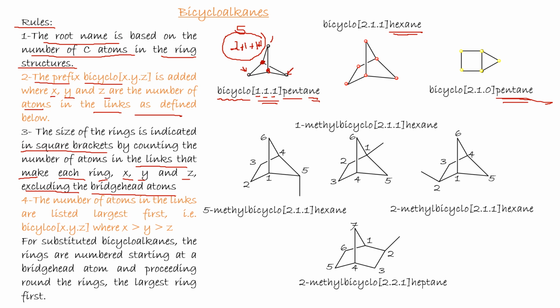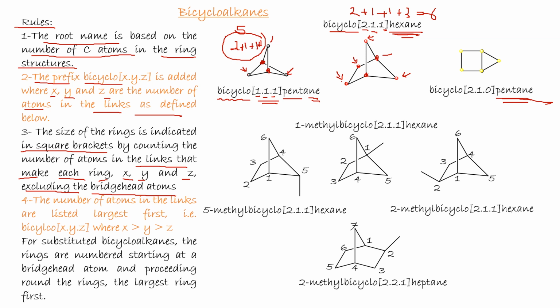Here is bicyclo. Start with the larger number. In this one it's 2. Here is the link, okay? Here is 1, so 2, 1, another 1. It's 2 plus 1 plus 1, and we have 2 in the link, plus 2, that gives 6.